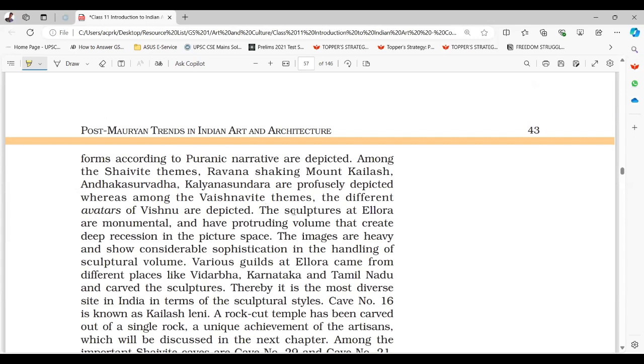The sculptures at Ellora are monumental and have protruding volume that creates deep perspective in the picture space. The images are heavy and show considerable sophistication in the handling of sculptural volume.